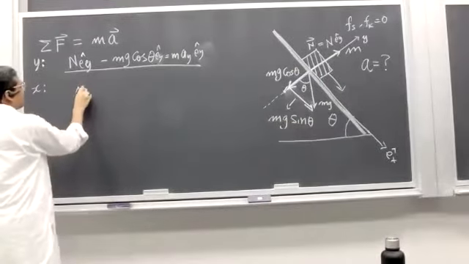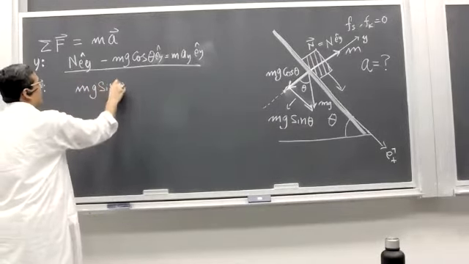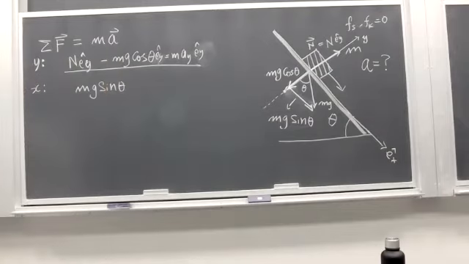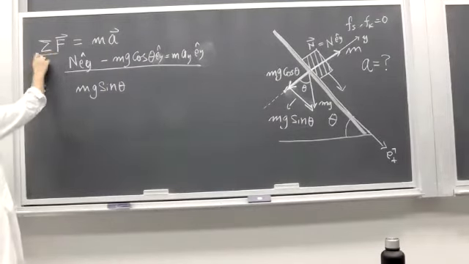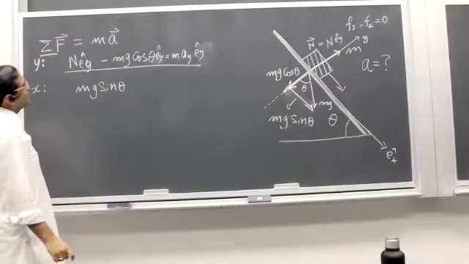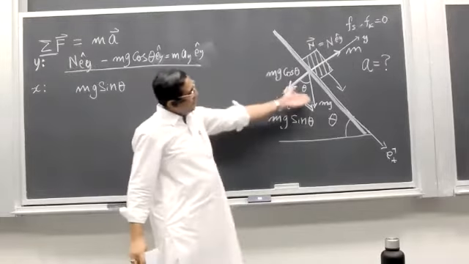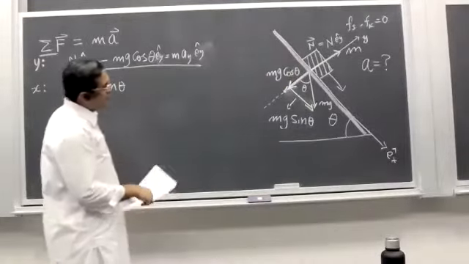Okay. So again, sum of all forces on the left side. Is there any other force on the left side? I mean, any other force acting along the x-axis? No other force. Okay.